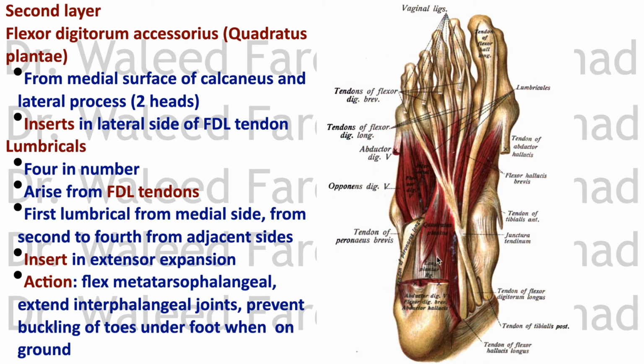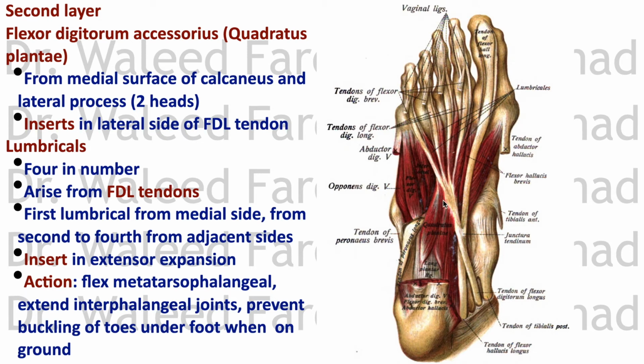Now you wonder why it inserts into a tendon. See the direction of the flexor digitorum longus, it's oblique. So when the flexor digitorum longus is in action, it should flex the toes, but with an obliquity towards the medial side.